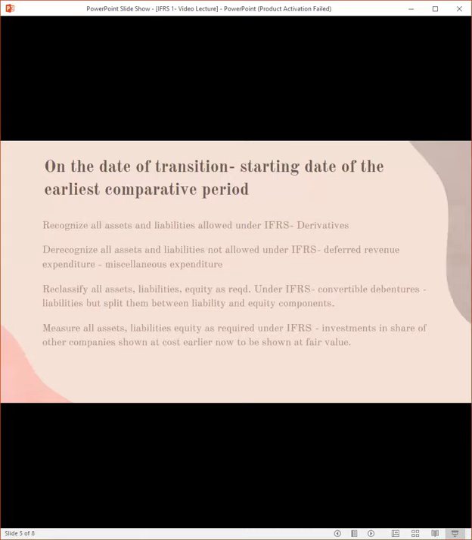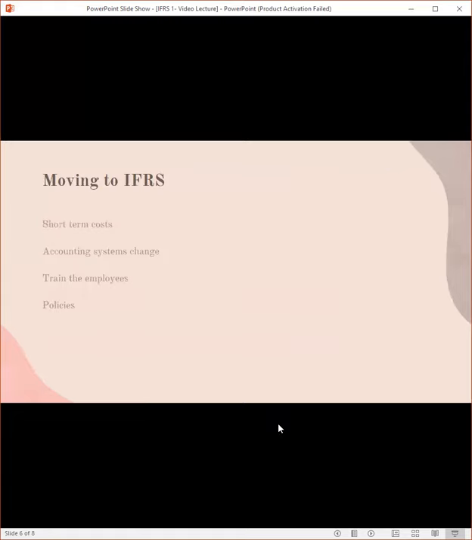So this standard is just a broad one, we are setting the background for the forthcoming standard. So in detail about each item, we will learn in the forthcoming standard. So just as examples, you can take note of it. So this is about moving to IFRS or first time adoption of IFRS.